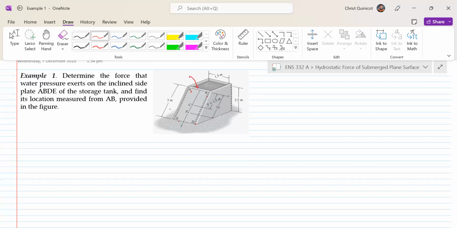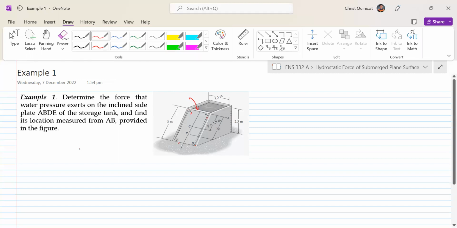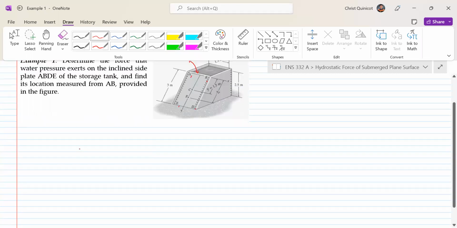Okay. So the first thing that we are going to do is assess first what type of fluid we have. And our fluid is a liquid, and the type of liquid would be water. So therefore, the property that we are going to use is the density of our water, which is equal to 1,000 kilogram per cubic meter.